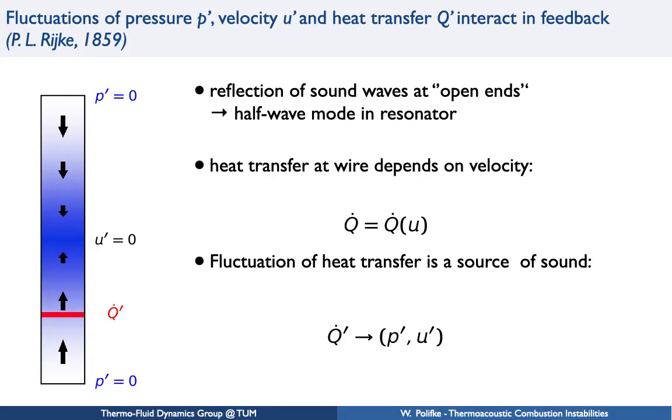Well, fundamentally, you can explain this phenomenon, this instability, as an interaction of fluctuations of pressure and velocity and heat transfer in feedback. And the feedback is important here. On the one hand, you have fluctuations of pressure and velocity in this tube, much like you would have it in an organ tube.